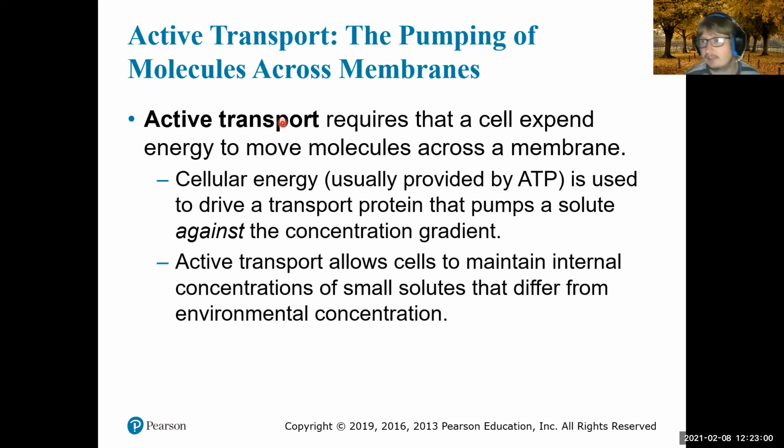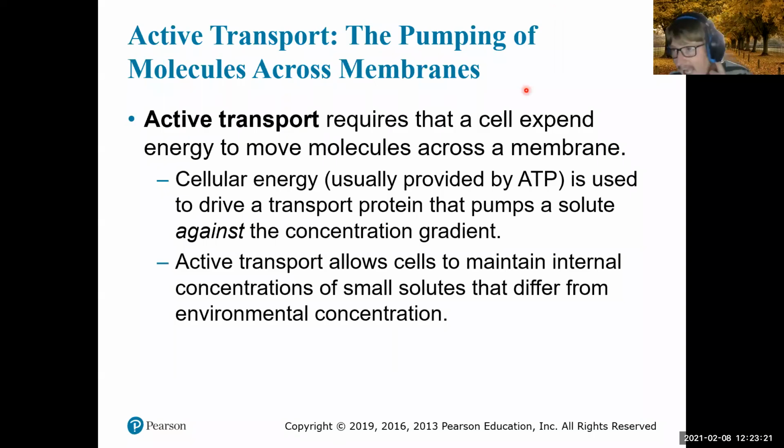So remember, passive transport doesn't need any energy because those molecules are moving with their concentration gradient. However, with active transport, you need that energy because the molecules are being moved across the plasma membrane against their concentration gradient. So we have that cellular energy from ATP to drive protein pumps.